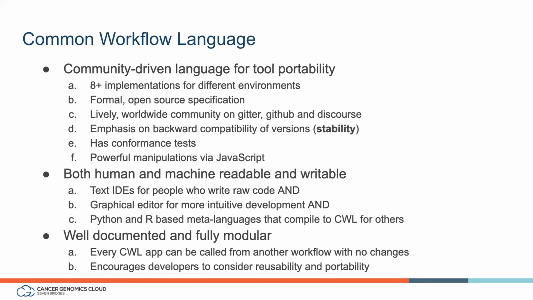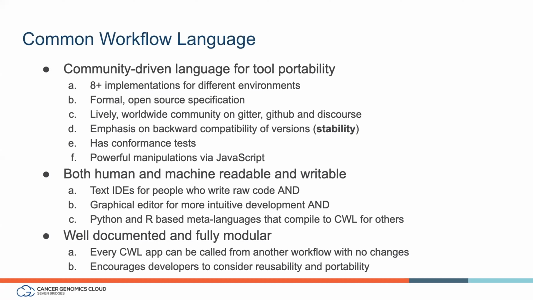You can write it by hand, raw code. You can use our Rabix Composer as a graphical editor to write CWL without being an expert in the syntax of CWL. And there are other tools out there as well. If you're more comfortable in R and Python, there are ways to compose CWL in R and Python as well.